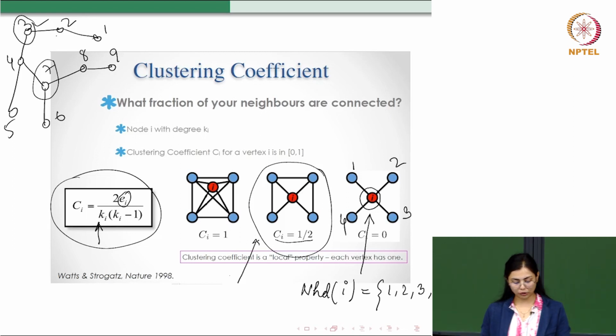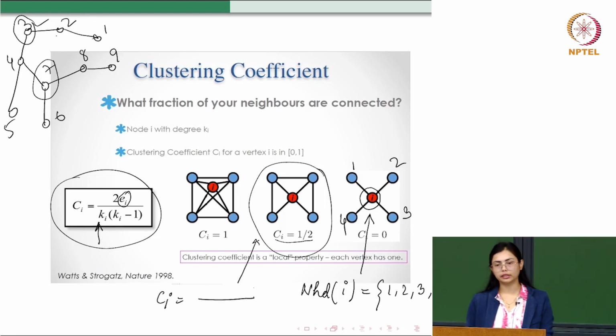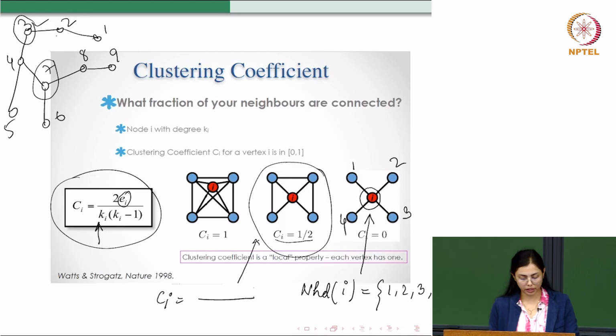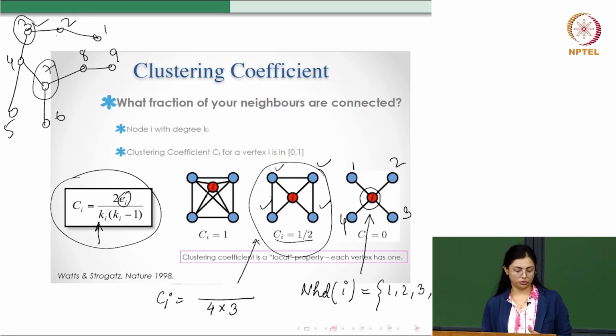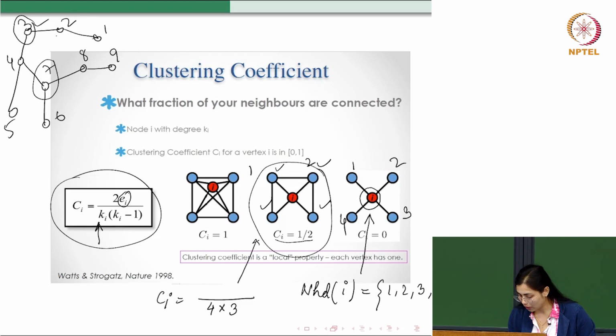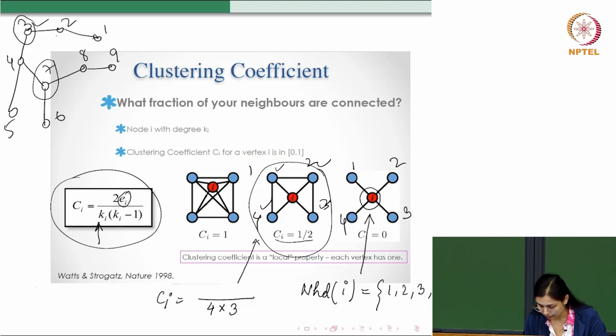Can you try to use the formula? So C_i will be what? Its degree is 4, so the denominator is 4 times 3, and its neighborhood is these 4 nodes. Label them 1, 2, 3, 4. What is the induced subgraph of 1, 2, 3, 4? 1, 4, 1, 2 and 2, 3.